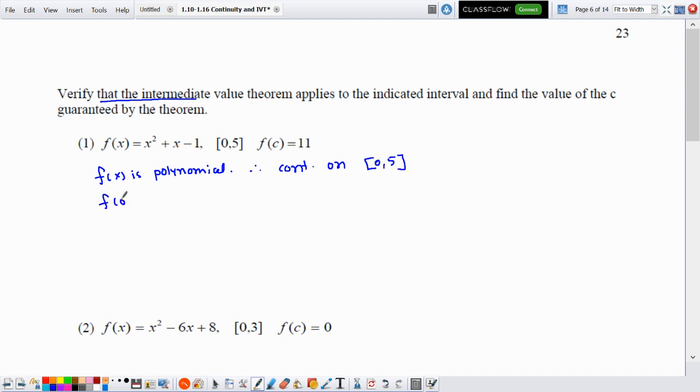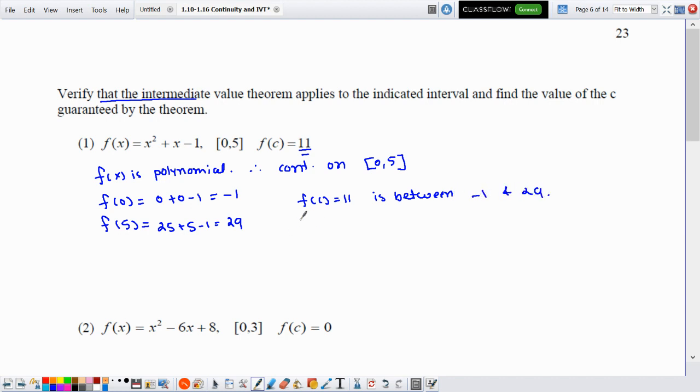What is f of 0? f of 0 is 0 plus 0 minus 1, which is negative 1. f of 5 is 25 plus 5 minus 1, which is 29. Is 11 between these two numbers? Yes. So you can say that 11 is between negative 1 and 29.